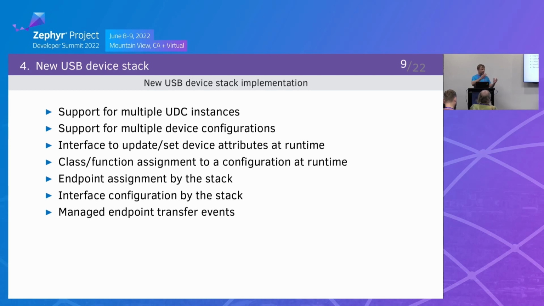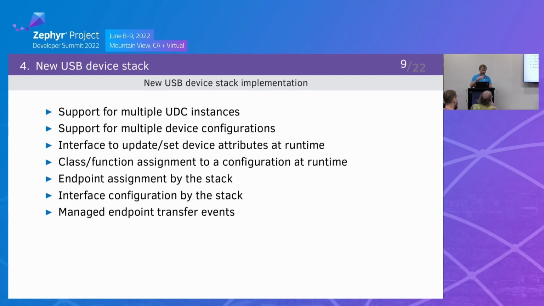So if we have multiple configurations, we can assign, for example, the first CDC ECM class to configuration 0 and a second CDC ECM class to configuration 1. Or the second configuration can have, for example, another class like audio and so on. So the endpoint assignments from the classes are done by the stack.